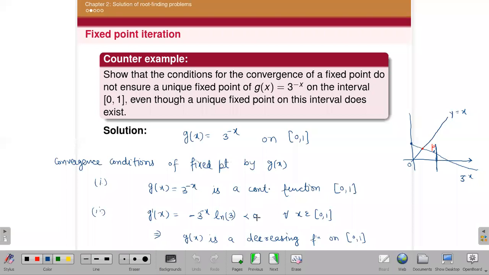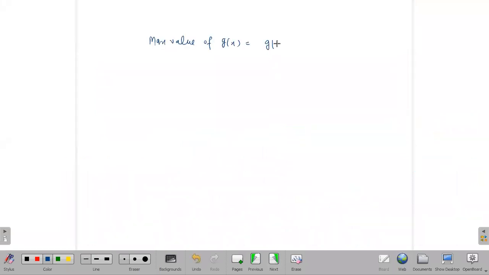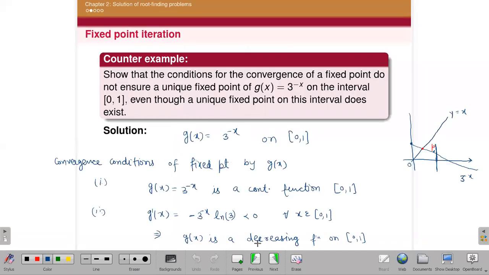The maximum value of g of x is at 0: 3 raised to power minus 0 is 1. So 1 belongs to [0, 1].